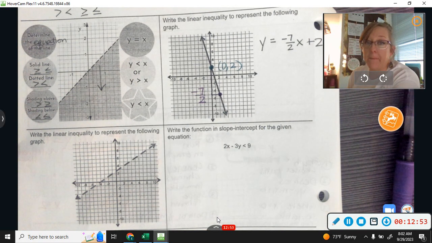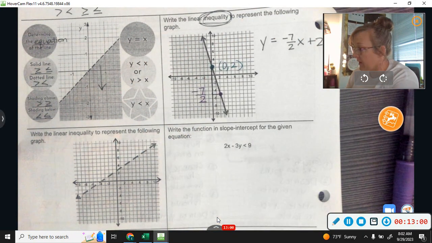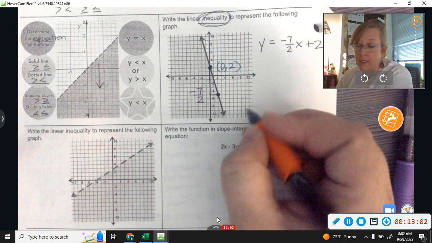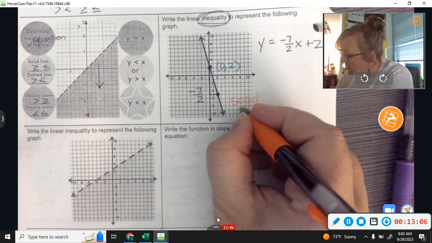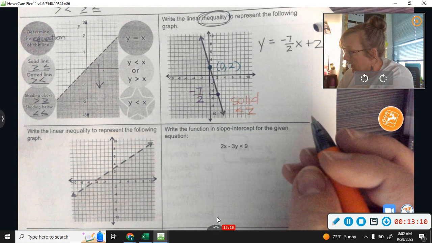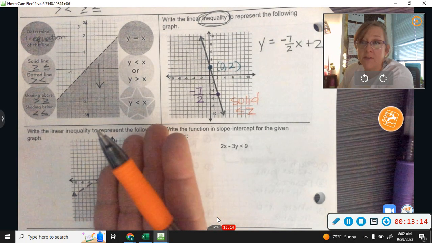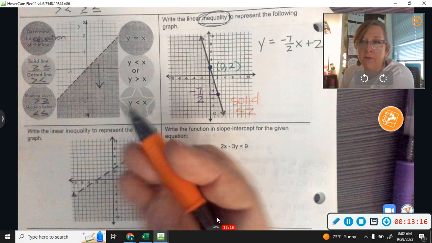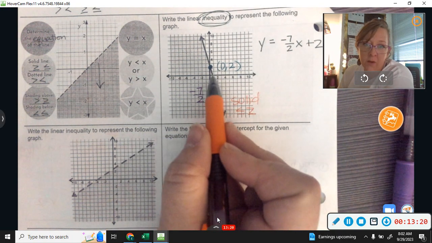Now, remember that's just the equation, but I don't have an equation, I have an inequality, so I can't stop there. So then we have to think, is it a solid line or a dashed line? Well, this is a solid line, which means it's either less than or equal to or greater than or equal to. And then it is shaded so that it looks like it's to the left, but if you think about it like on the number line, left is like going down on the number line, right?